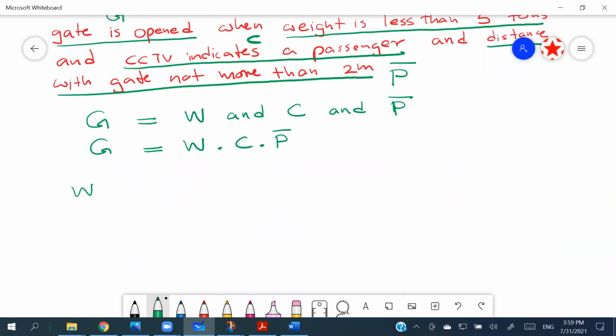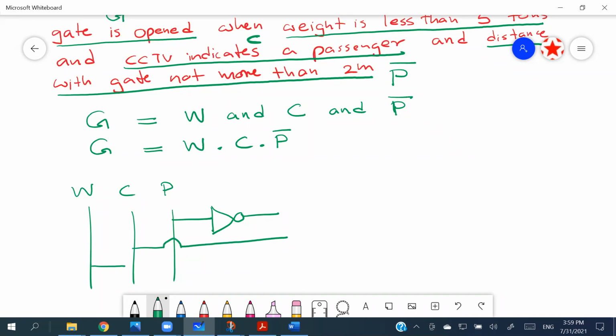It's easy, right? W, C, P will be here. So first we have to create the P bar, right? Then we take the lines from W and C. So everything goes inside an AND gate. Simple as that.